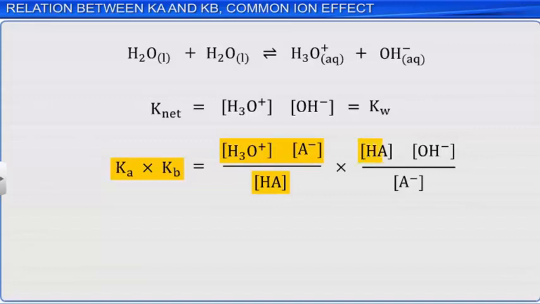On cancelling the common terms, you get the product of the concentration of H3O+ and OH-. This, as you know, is equal to Kw, the ionic product of water.